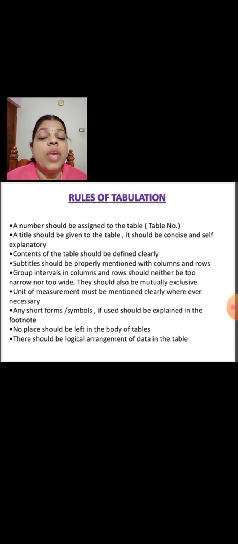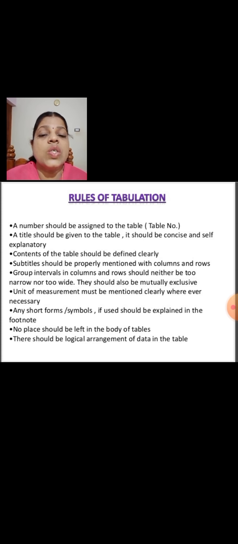They should also be mutually exclusive. We will form the table with equal or unequal intervals, but such intervals should be neither too wide nor too narrow, and they should also be mutually exclusive.